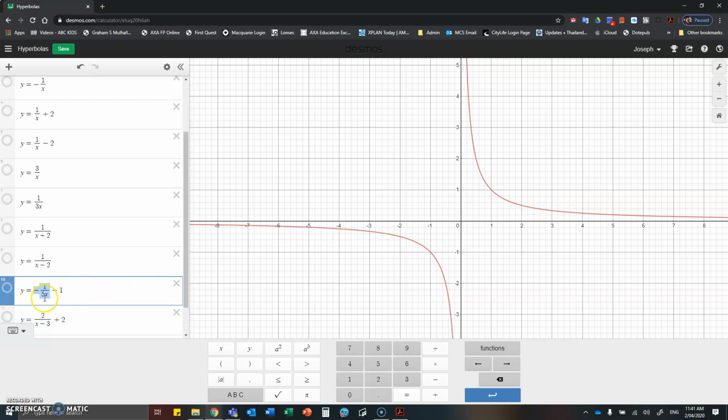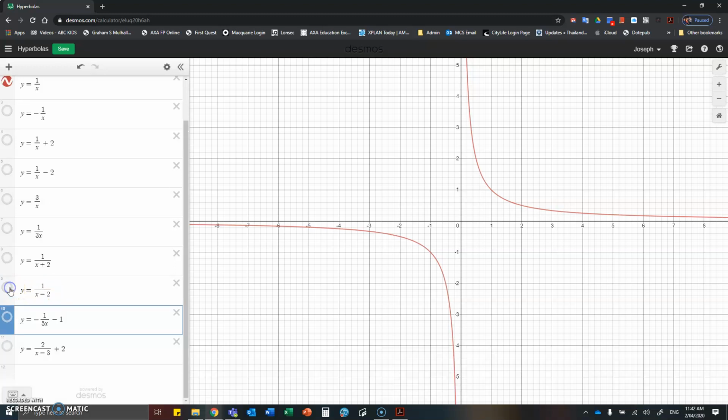Okay, the next thing is, because the 5 in front of the x is there, it's going to be a skinnier hyperbola. And the last thing that I can predict is that because the constant is minus 1, there's going to be a vertical translation down 1 unit. Okay, so let's have a look at that.